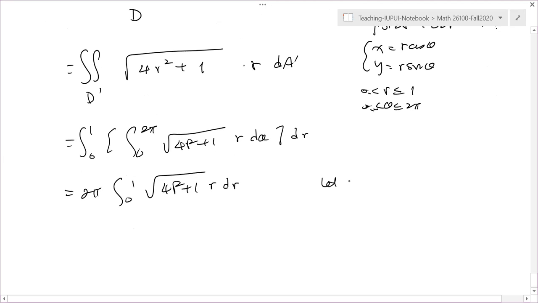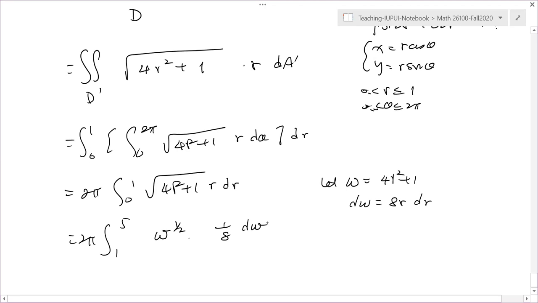You let w be 4r squared plus 1, so dw equals 8r dr. So then it's 2 pi; when r equals 0, w is 1, when r equals 1, w is 5. Here's w to the 1/2, and r dr is 1/8 dw.